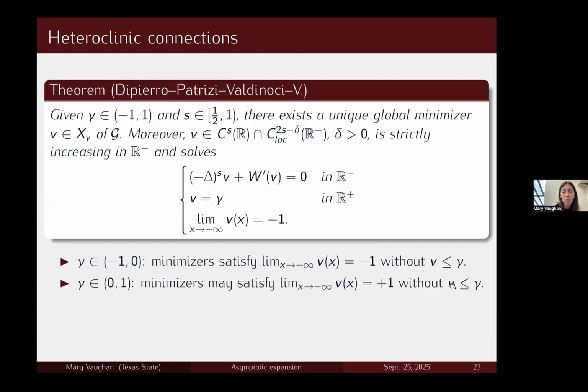But without that constraint, minimizers instead will satisfy, we haven't proved it, but I can confidently say they satisfy that as x goes to minus infinity, they go to +1. So if you start above 0, energetically you don't want to go down, you want to go to the closer well of your potential, the closer phase, I should say.